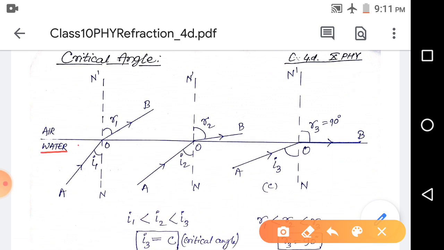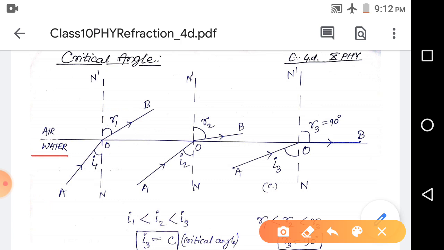If we take this medium as glass, then the refractive index of this medium will increase, that is mu will be greater. Now for the same angle of incidence we have the angle of refraction greater, because the deviation will be greater for greater refractive index, that means for glass in the place of water. So the deviation will be greater if we take greater refractive index.